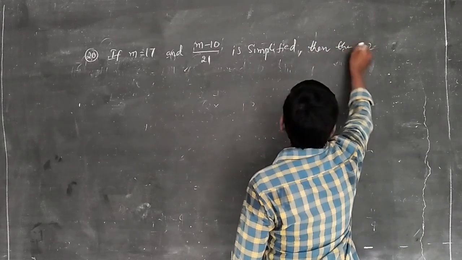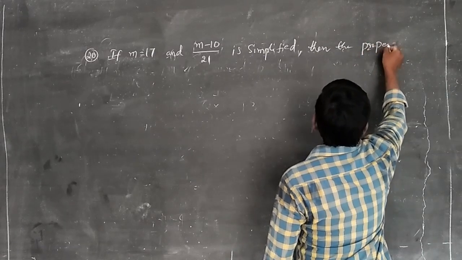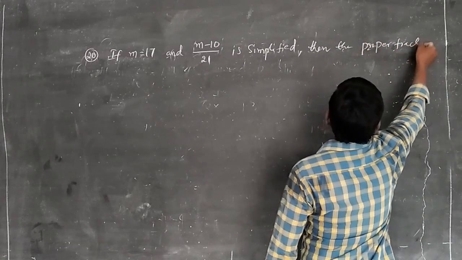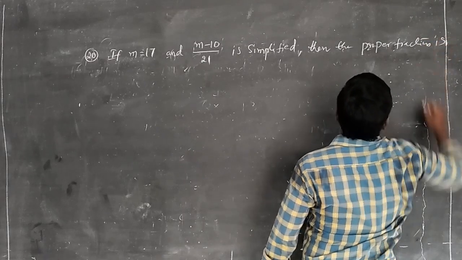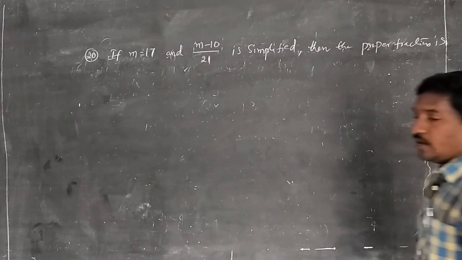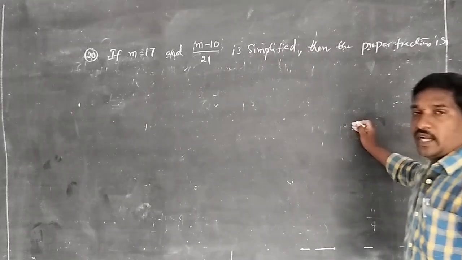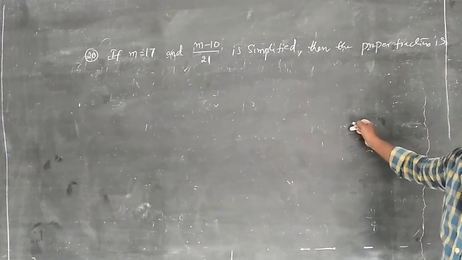A proper fraction is one in which the numerator is less than the denominator.